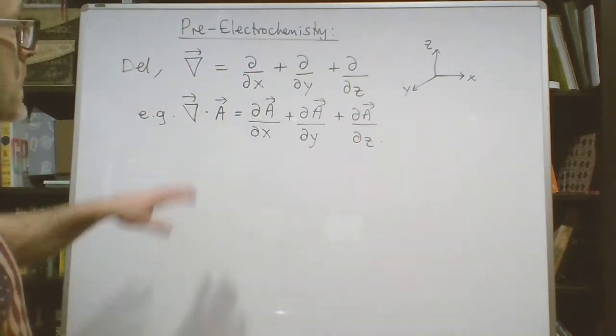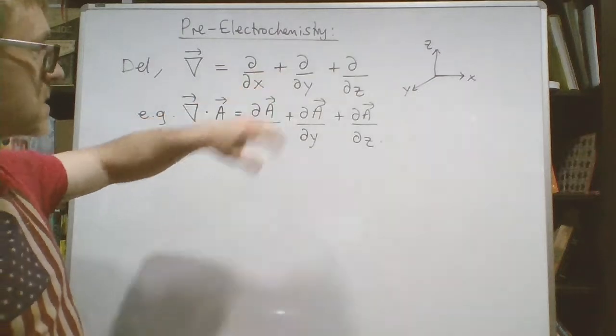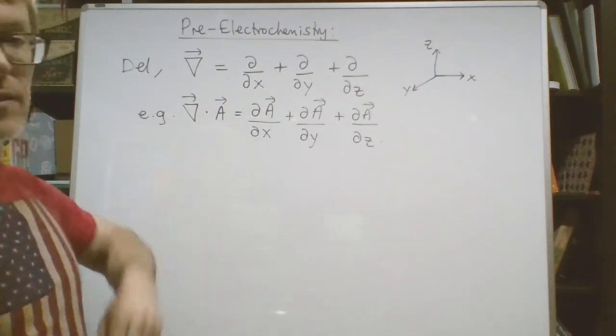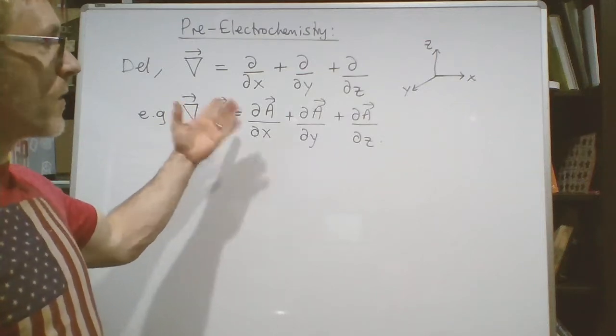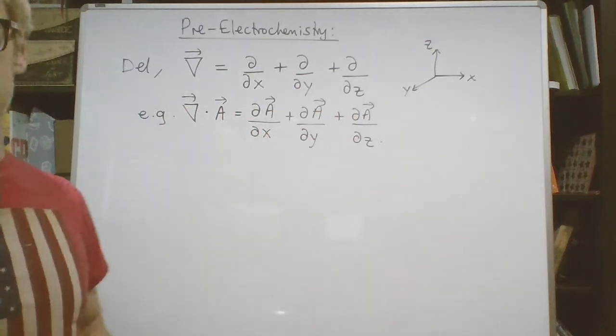So here generally I've just said what del is, but we can dot del onto a vector. And once we dot del onto a vector, we return a scalar product.